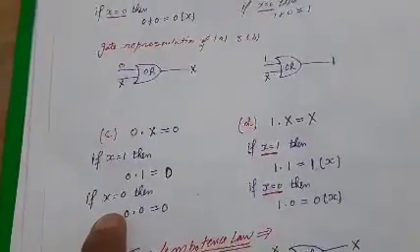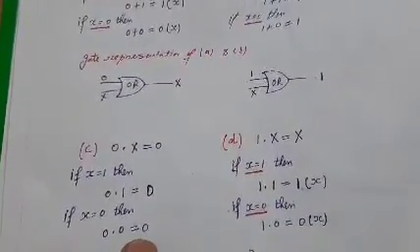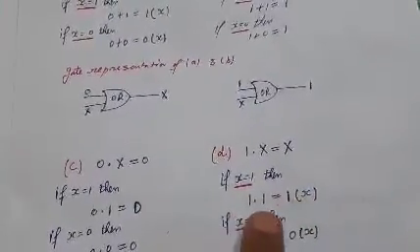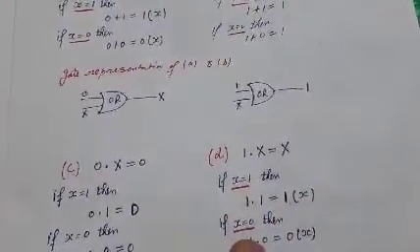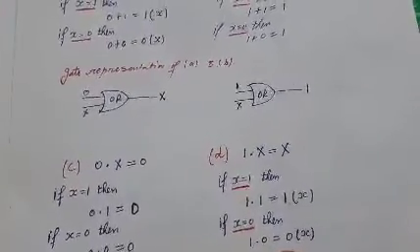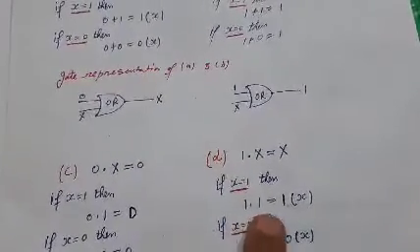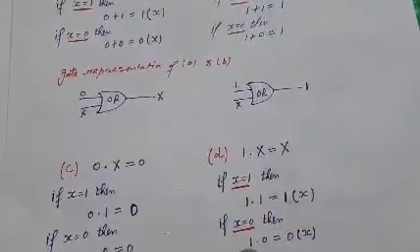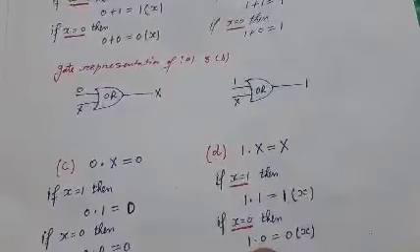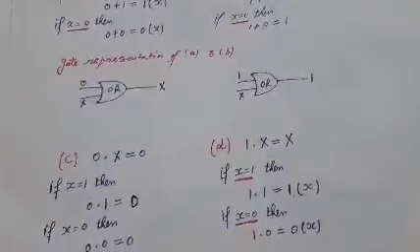If x equal to 0, then 0 dot 0 equal to 0. If x equal to 1, then 1 into 1 equal to x. If x equal to 0, then 1 dot 0 equal to 0. Or we can say true and true is true, 1, that is true, and false equal to false.